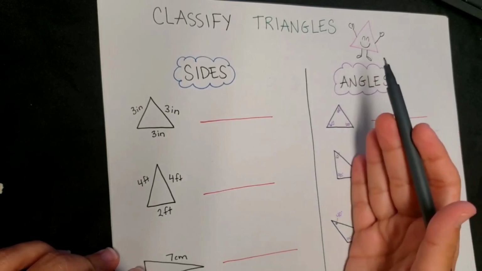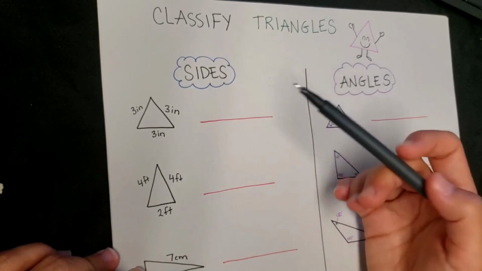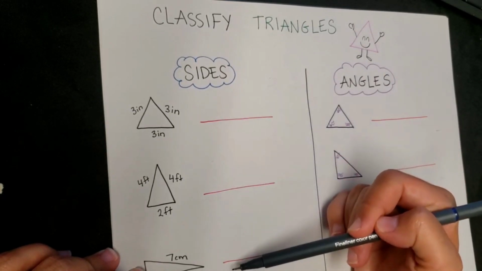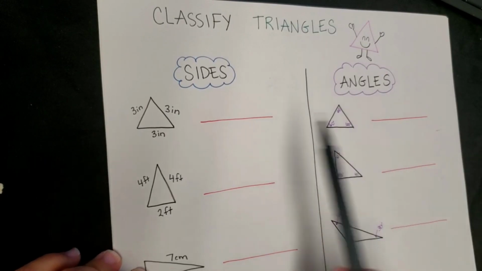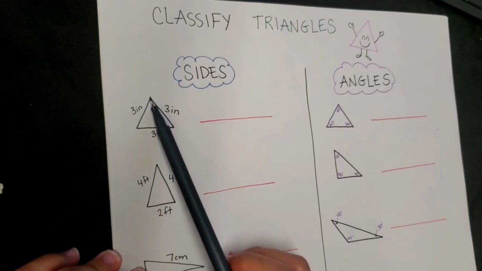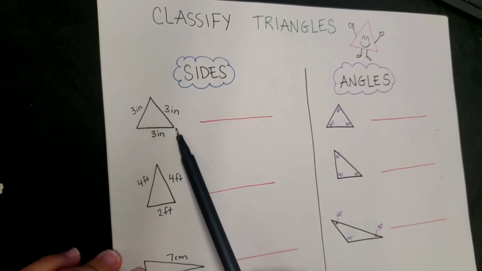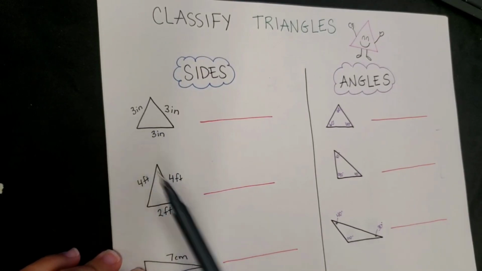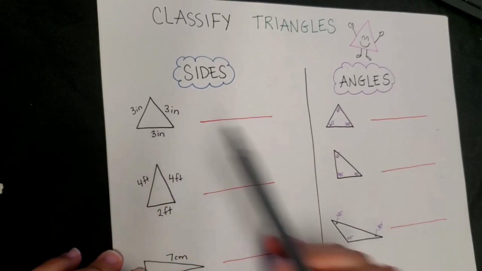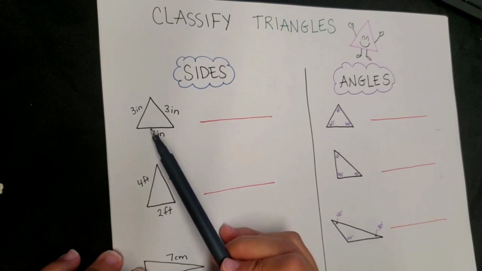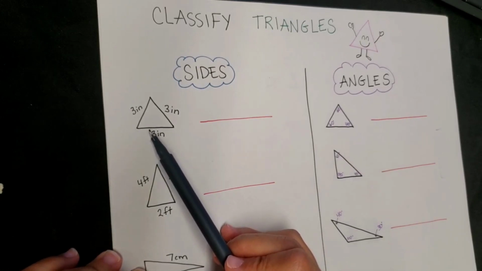But first, let's go over what the different names are based on the measurements of the sides of the triangle. This first triangle, if we look at only the sides, has each side with a length of 3 inches. So we have 3 inches, 3 inches, 3 inches. All the sides in this triangle are congruent.